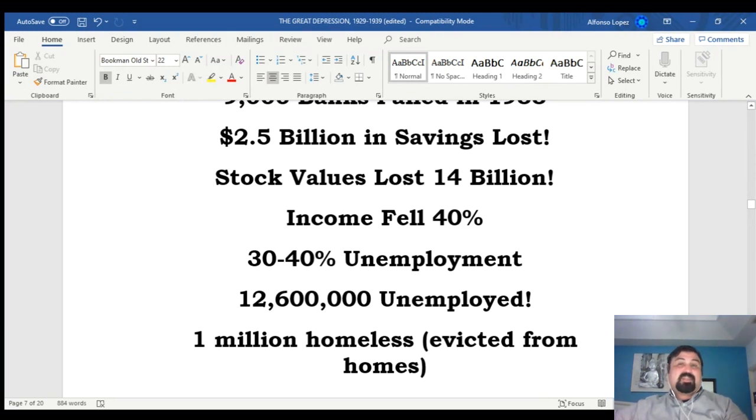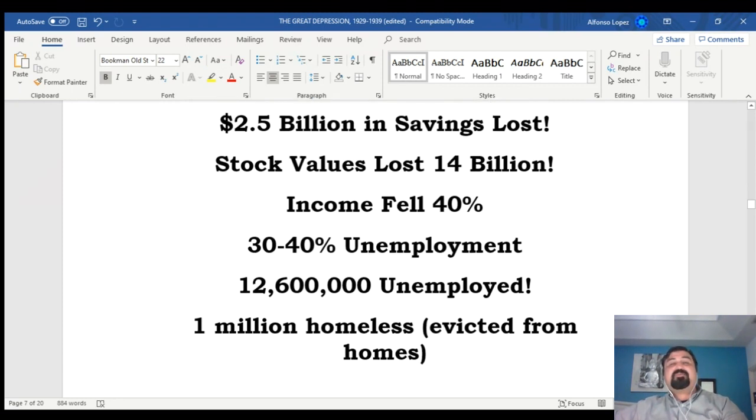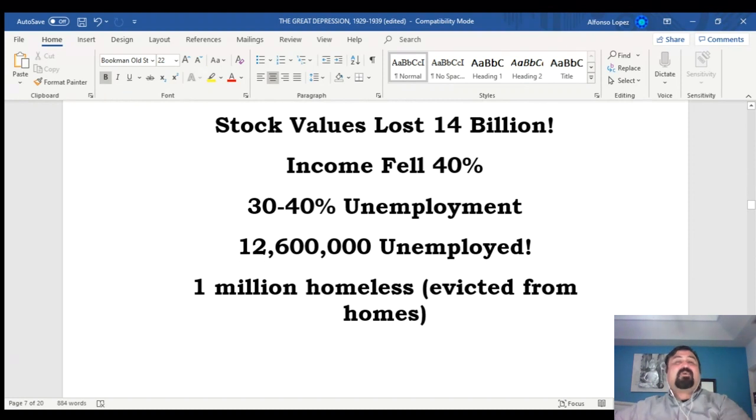The stock, of course, lost value dramatically. $14 billion of stock value pretty much was lost. In other words, all of the stock that was actually purchased by Americans. I mentioned there were 4 million Americans that owned stock. That amounted to about $14 billion.